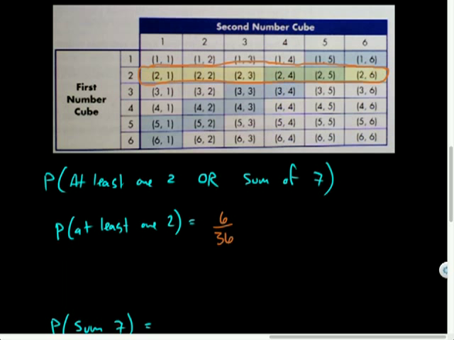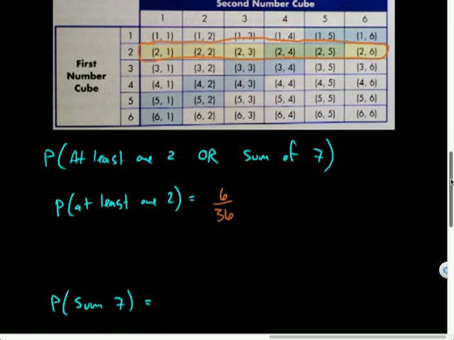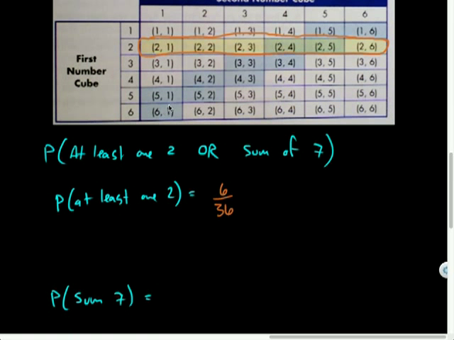All right, the sum of 7. Let's see, that's 6, 1, 5, 2, 4, 3. That's this whole diagonal. I feel like I'm doing a word search here.